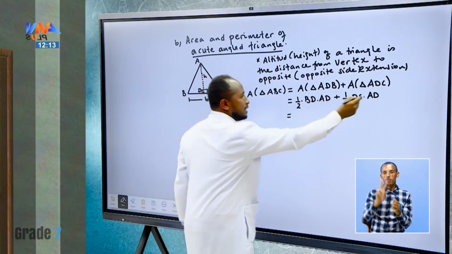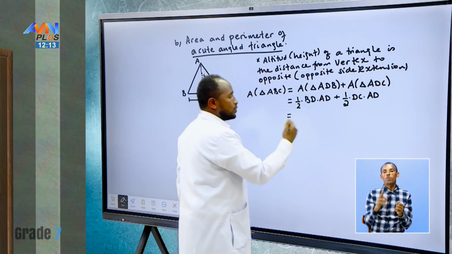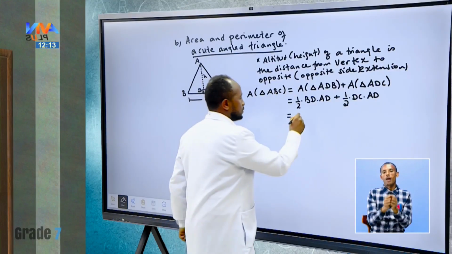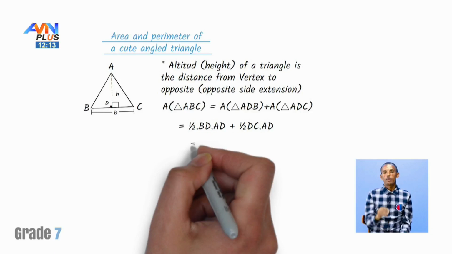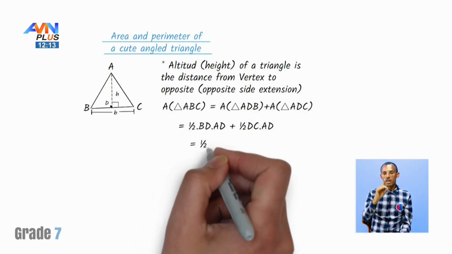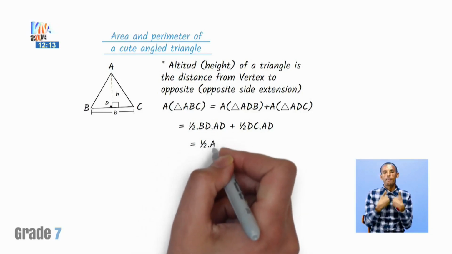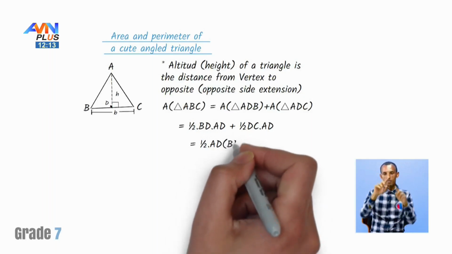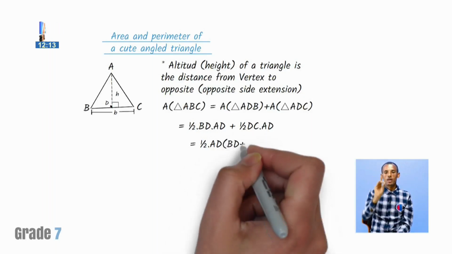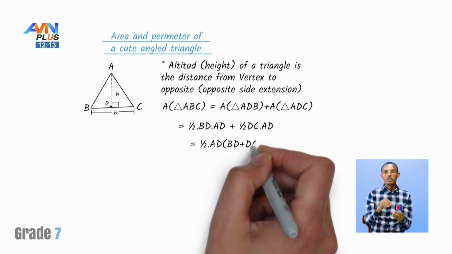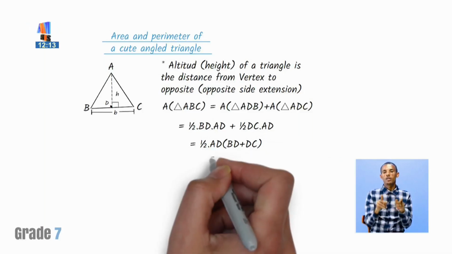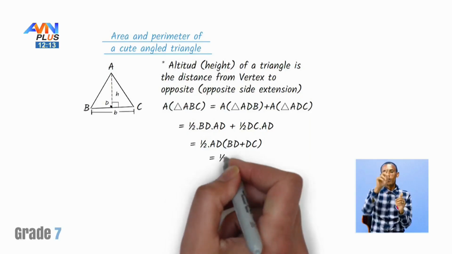From this, we can take a common factor. Half and AD are found in both. Using the distributive property, you can take them outside, and you have BD plus DC inside. So this will be equal to half times AD.